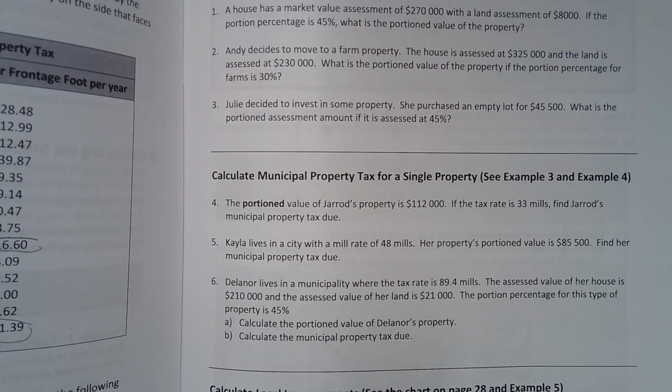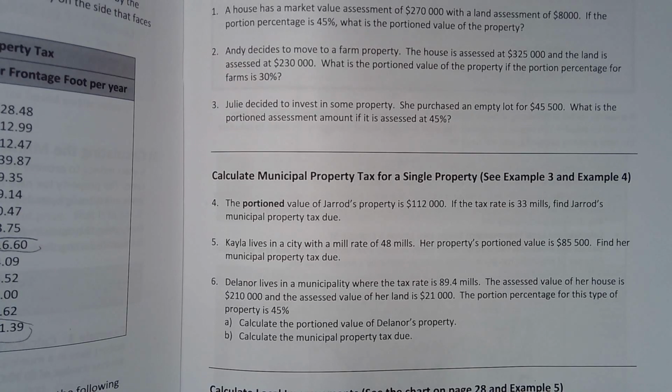But if it's just a house, you'll be given the assessed value in the question, and then you have to find the portioned value, right? I called it the taxable value. This is where you take the assessed value and you times it by the portion percent. And that's just giving you the taxable value, right?